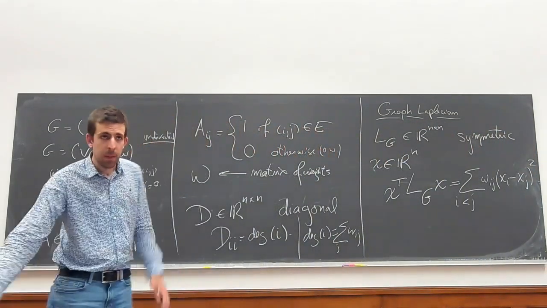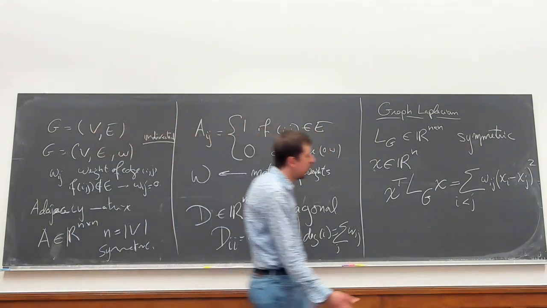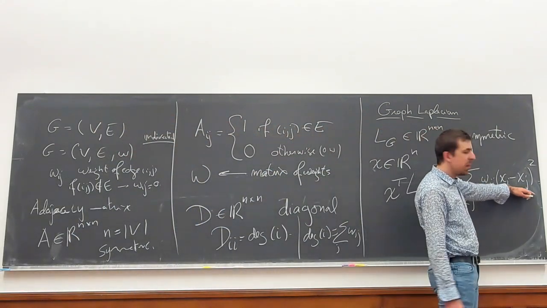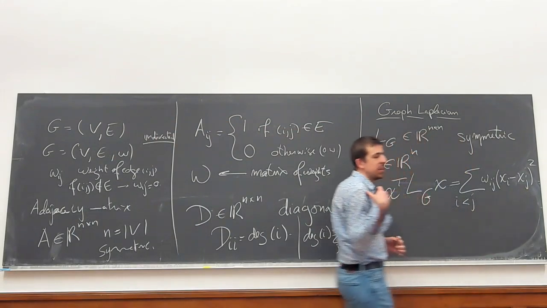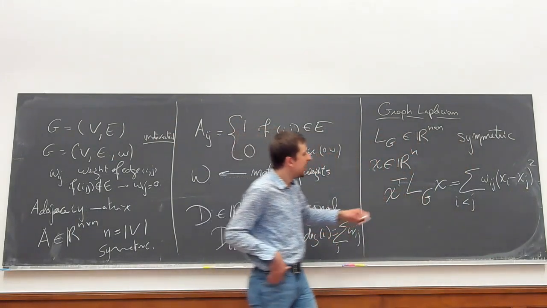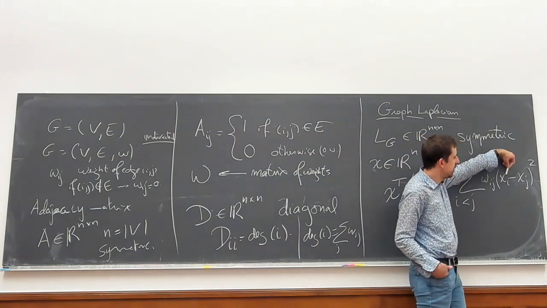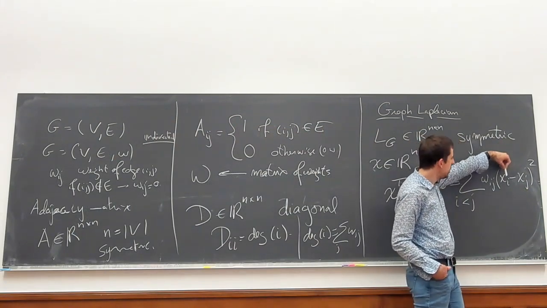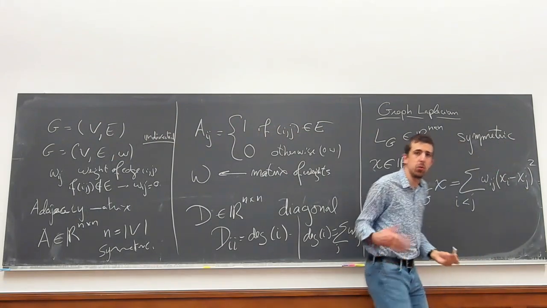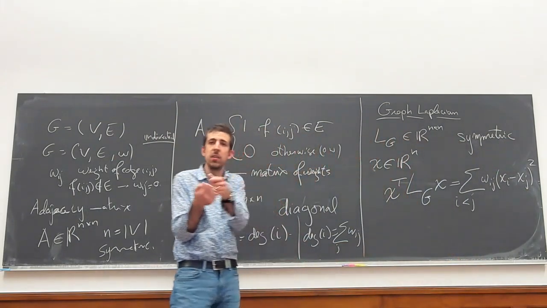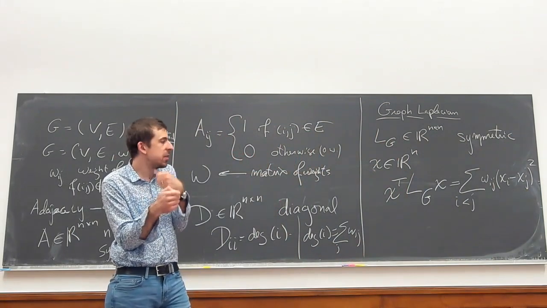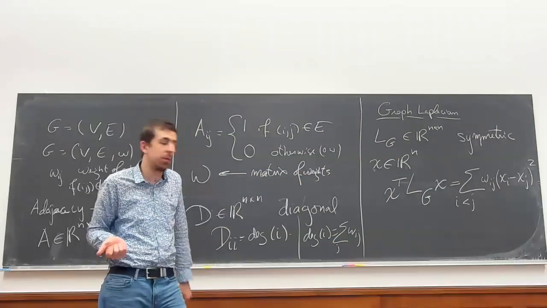So why is this matrix important? If I have a signal, or a vector x, it's measuring the sizes of the differences of xi and xj on the edges, weighted by the edges. So it's measuring how much a signal is not equal across edges. It's measuring some kind of derivative in the geometry of the graph.